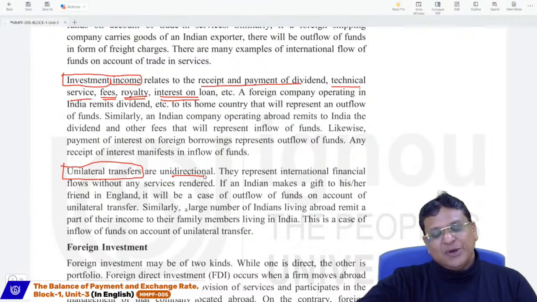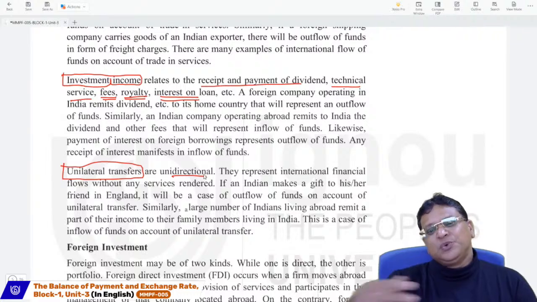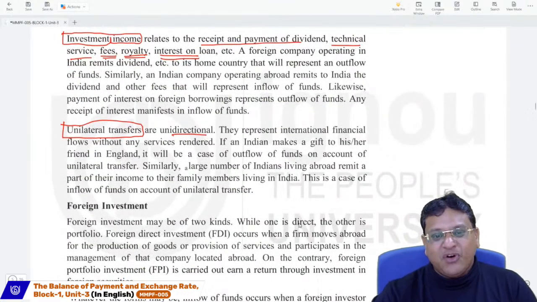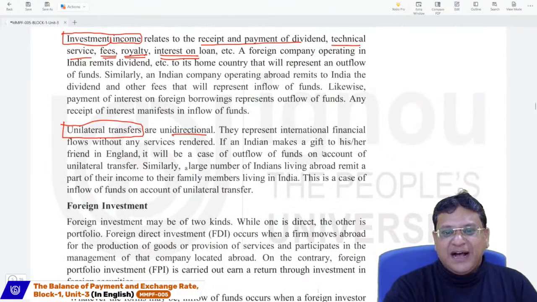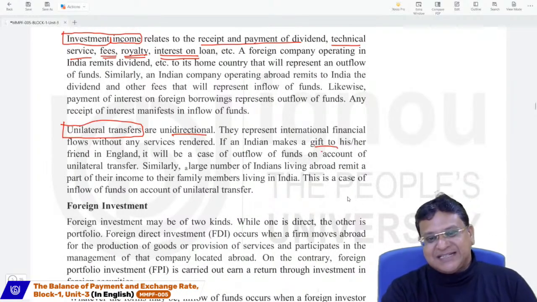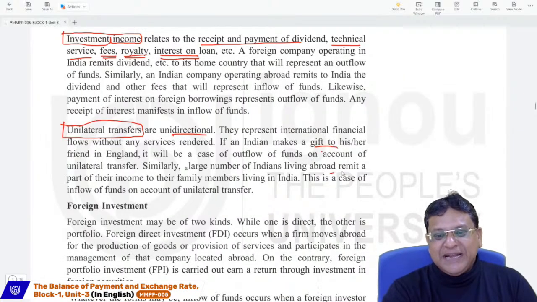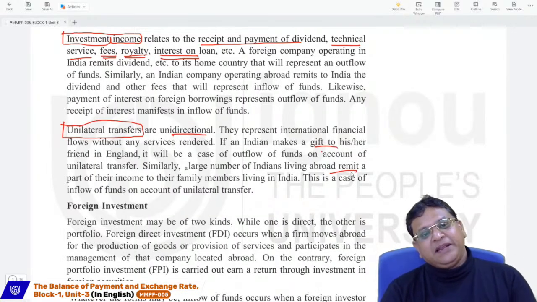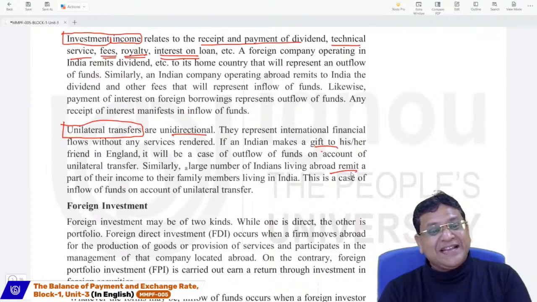The foreign currency will move from India to the UK. So foreign gifts result in unilateral transfers. Foreign assistance results in foreign remittances. What are foreign remittances? Suppose your son or daughter is working in Dubai and sending some money to India. It is not a transaction, it is a remittance.